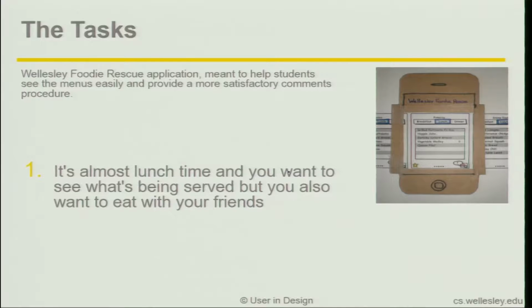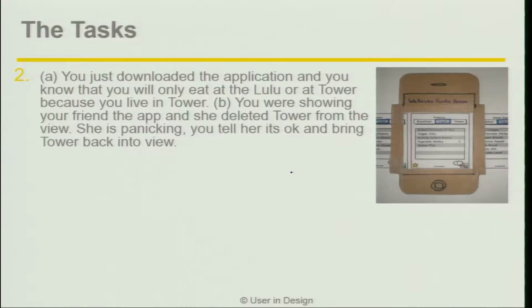So this is the first task you've given them. The second task is you just downloaded the application and you know that you will only eat at the Lulu or at Tower. These are the two places, perhaps because you live in Tower. You were showing your friend the app and she deleted Tower from the view. She is panicking. You tell her it's okay and bring Tower back into view.